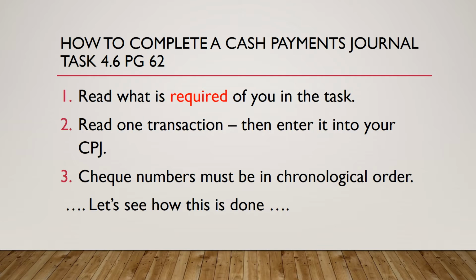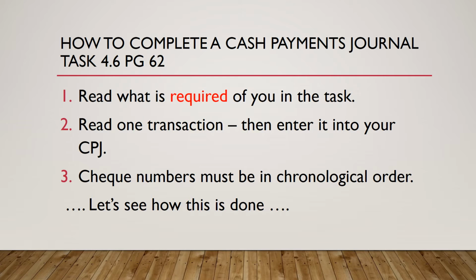On page 62, it says required. Record the following transactions in the cash payments journal of CG Repairs for April 2002. Provide the following columns in the cash payments journal. They are already opened in your exercise book.